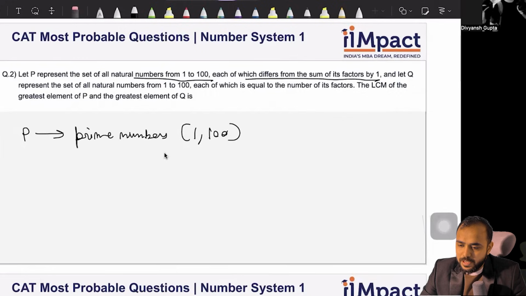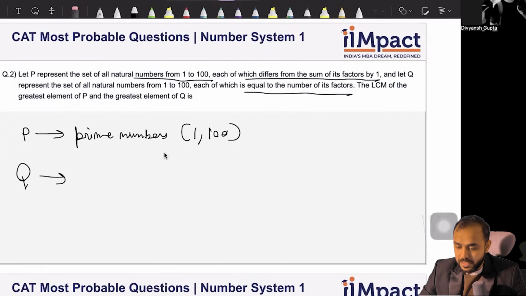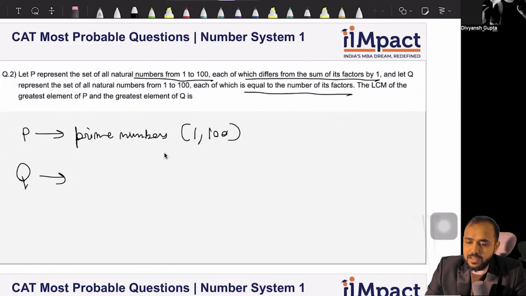Q represents the set of all natural numbers from 1 to 100, each of which is equal to its number of factors. Now, the thing to realize here for Q is that the number of factors for a particular number is going to be much, much lesser than the number itself. So the only way this can even be possible is when Q itself is a very small number.